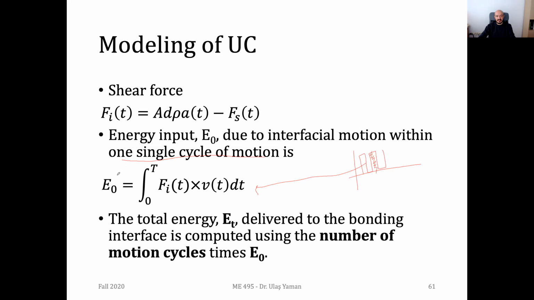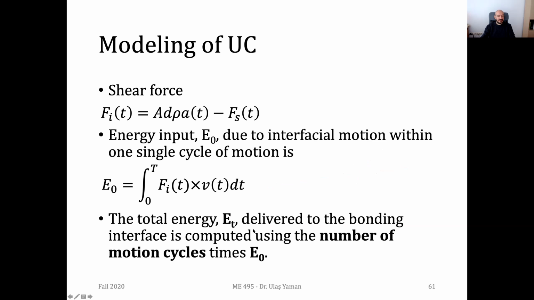Once you obtain it for a single cycle, you can multiply it by the number of cycles in your total motion, and then obtain the total energy you are applying on the metal interfaces. This is how we do the modeling, and after you obtain the total energy, you can check whether this is enough to join the sheet metals together or not.